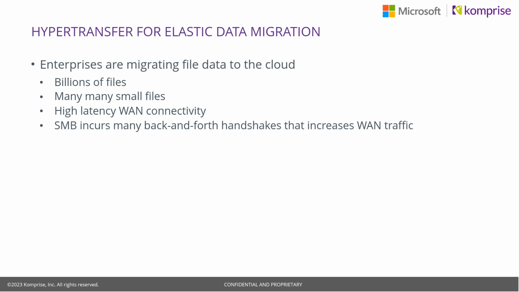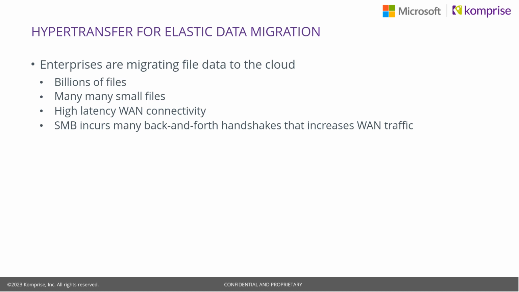It incurs a lot of back and forth handshakes, acknowledgements in the protocol itself, which when you're behind your firewall and you've got single-digit millisecond latency, it doesn't matter if there are 15, 20, 30 messages going back and forth to manage one file transfer. You now do that same level of chattiness over 150 or 200 millisecond latency WAN connection, the performance just dies, and customers are not aware that this is happening.